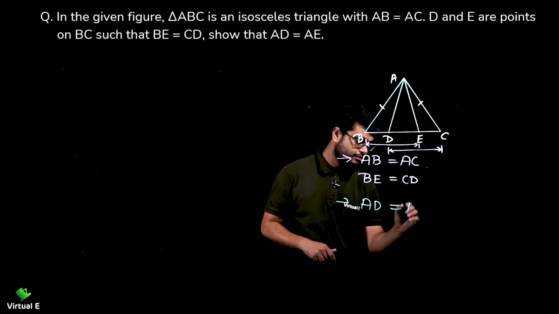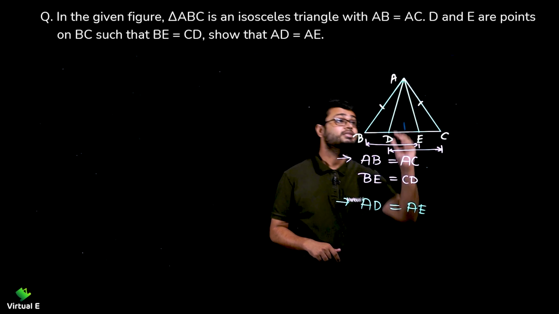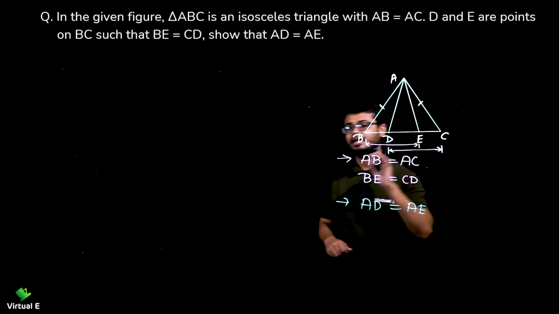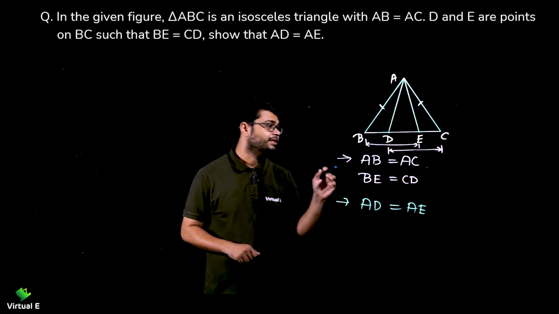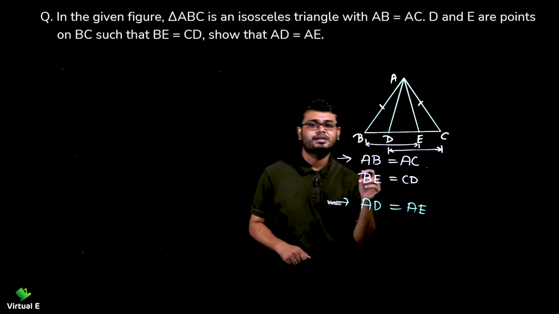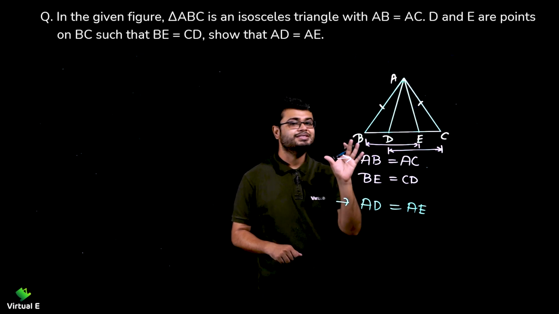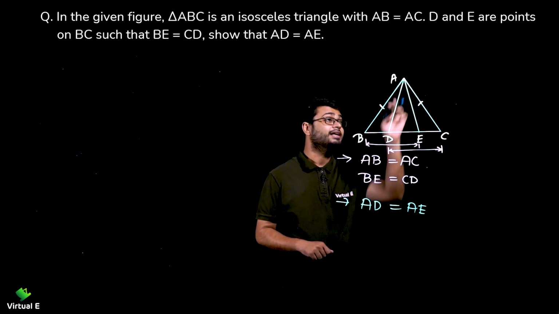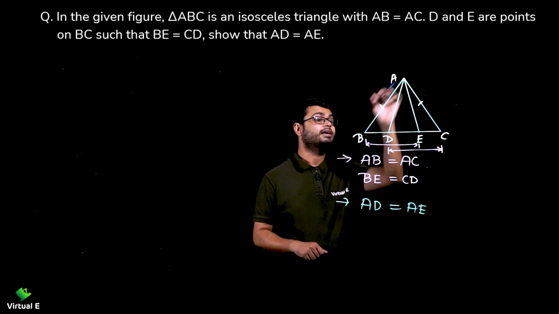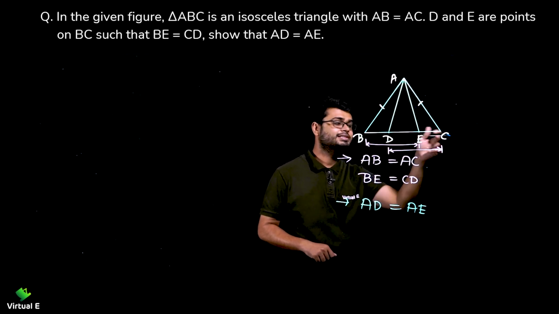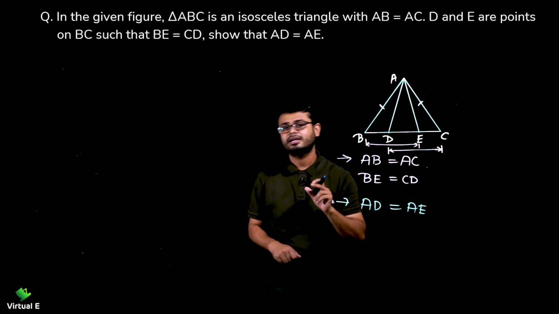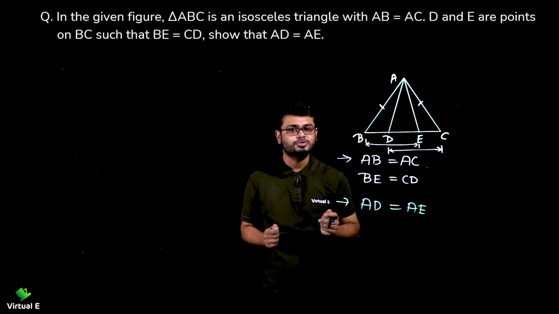Now which two triangles are we supposed to prove congruent? See, AD is present in triangle ABD and in triangle ADC.